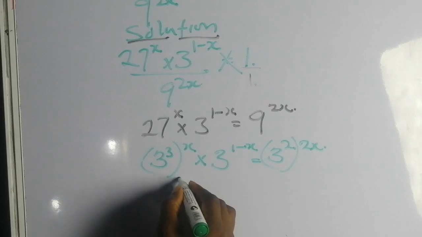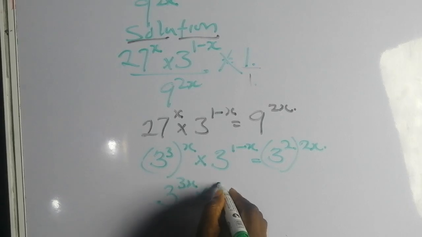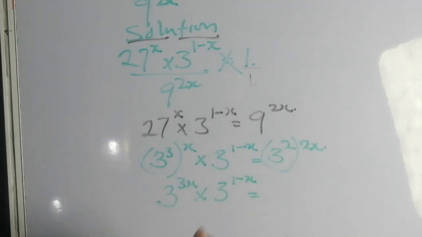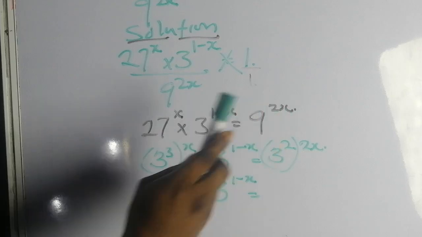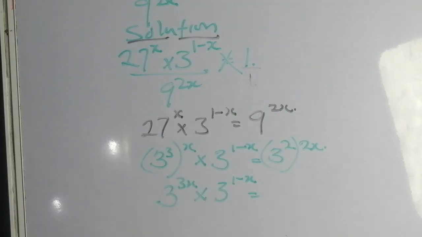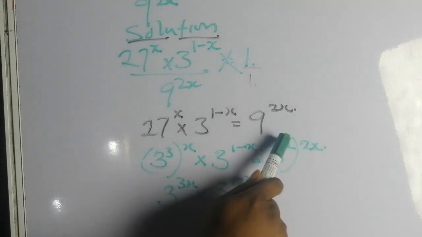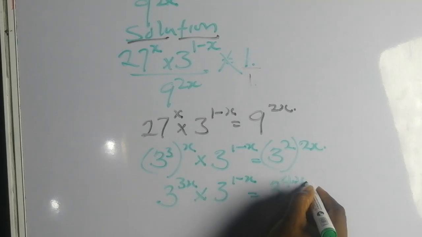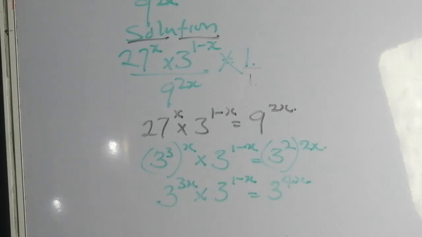So this one is as simple as 3 raised to power 3x times 3 raised to power 1 minus x equals 2 times 2x, 4x. Don't forget, 9 already had power 2x. So if you raise this 3 raised to power 2, then you need to multiply. So that's 3 raised to power 4x. It's as simple as that.